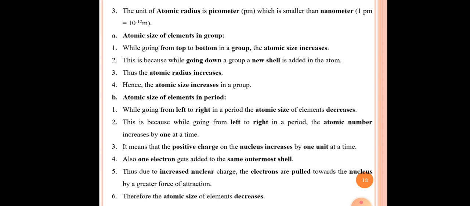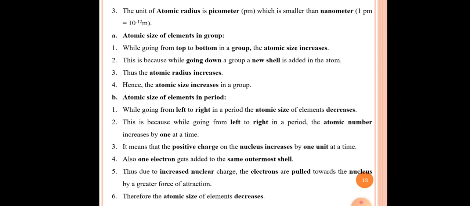That's why the atomic size increases. The third point: thus the atomic radius increases. Fourth point: hence the atomic size increases in a group. This is a very important point.